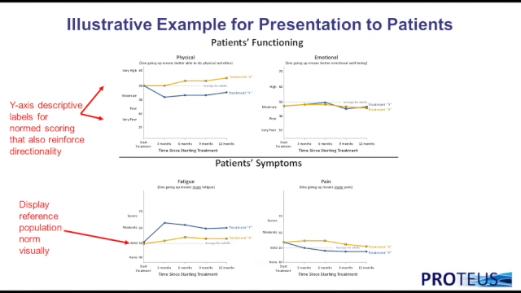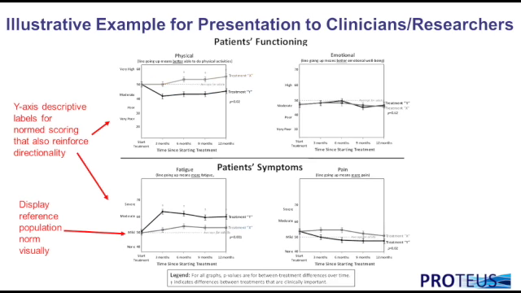It does display the general population average of 50, as well as including the y-axis descriptive labels. As with the non-normed scoring, these labels should be placed based on where evidence suggests they belong. And this slide shows the normed scoring for display to clinicians and researchers with the same annotations.